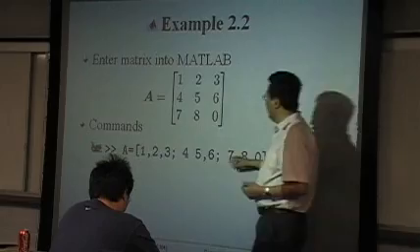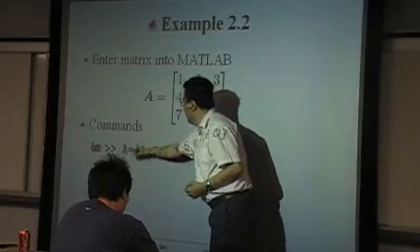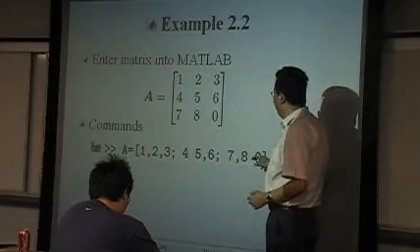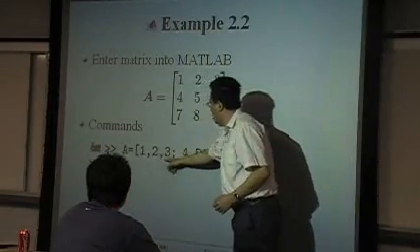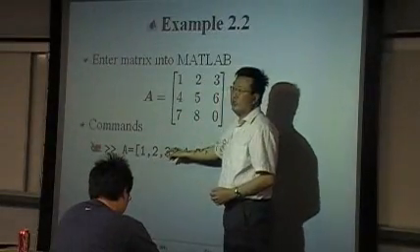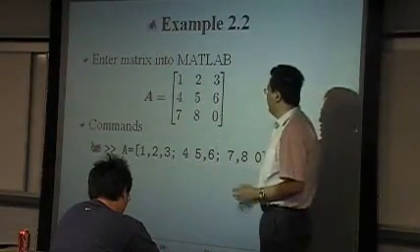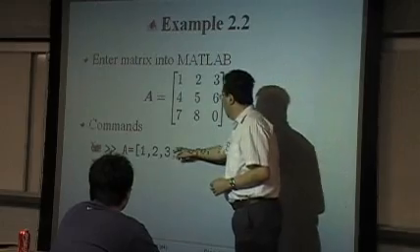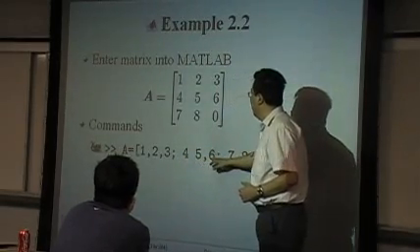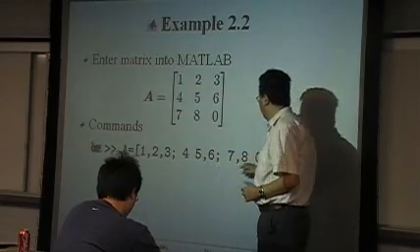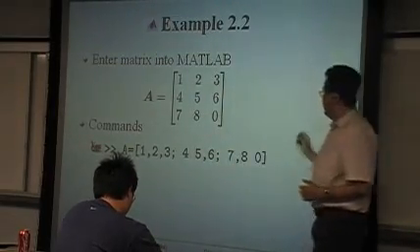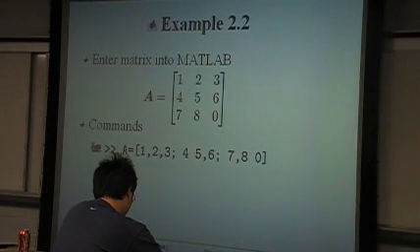A equals bracket for the whole matrix, and then for the first line, we put all the elements separated by commas or spaces. They are the same. And then we use a semicolon to say that we want to start a new line. So we can express the three lines and express the matrix in the Matlab environment.